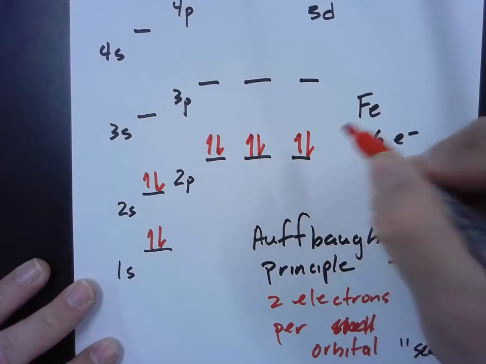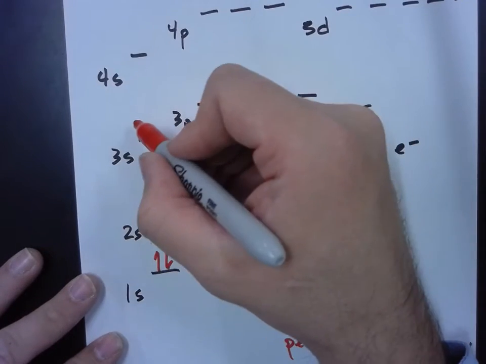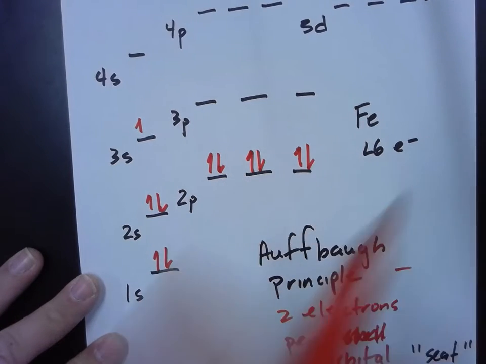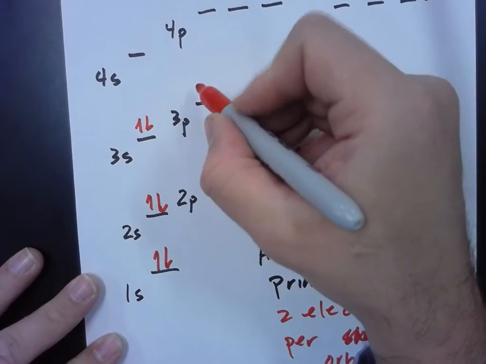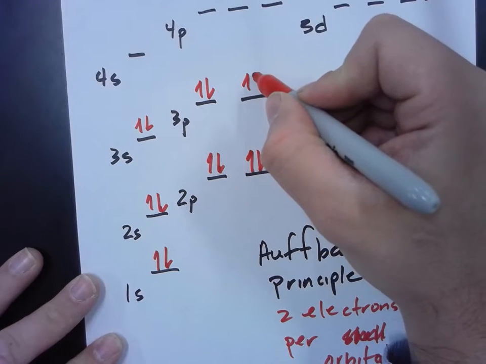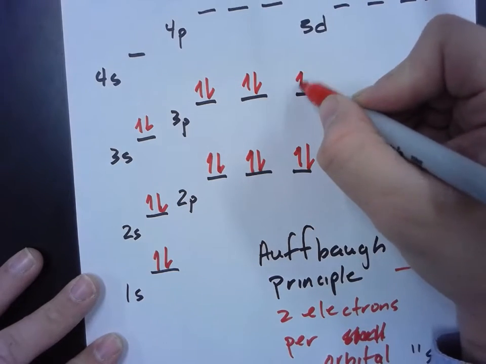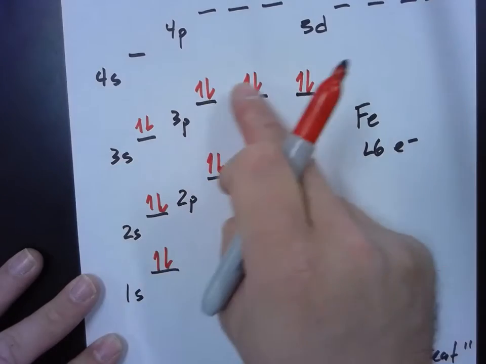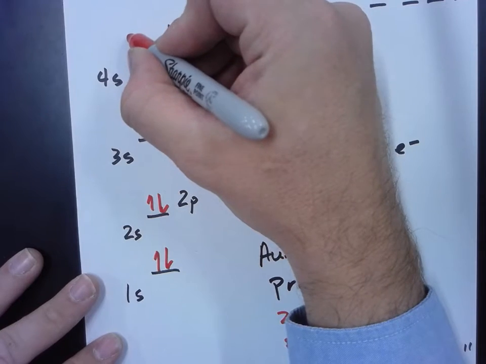It's been a long time since I've drawn these arrows, so I'm rusty at it. 2, 4, 6, 8, 10, 12. Oops. It doesn't matter which direction they go. Okay, 2, 4, 6, 8, 10, 12, 14, 16, 18, 20.